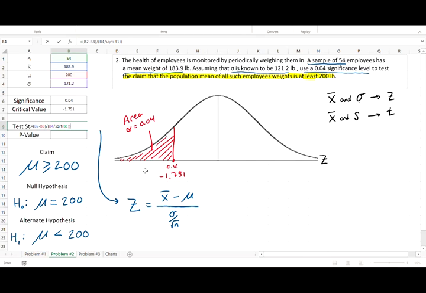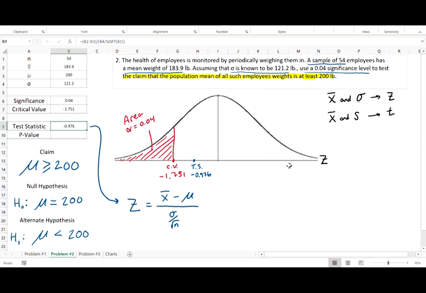That's our test statistic. And our test statistic is closer to 0. Our test statistic is negative 0.9726 approximately. If we want to round, we could round this to 3 decimal places, so negative 0.973.